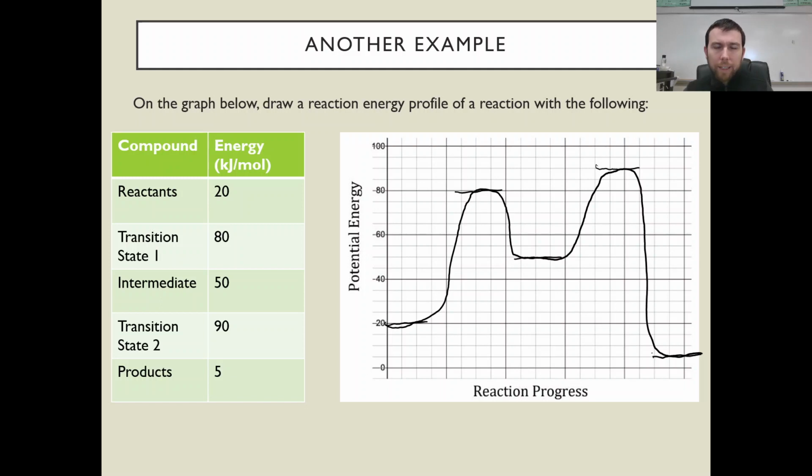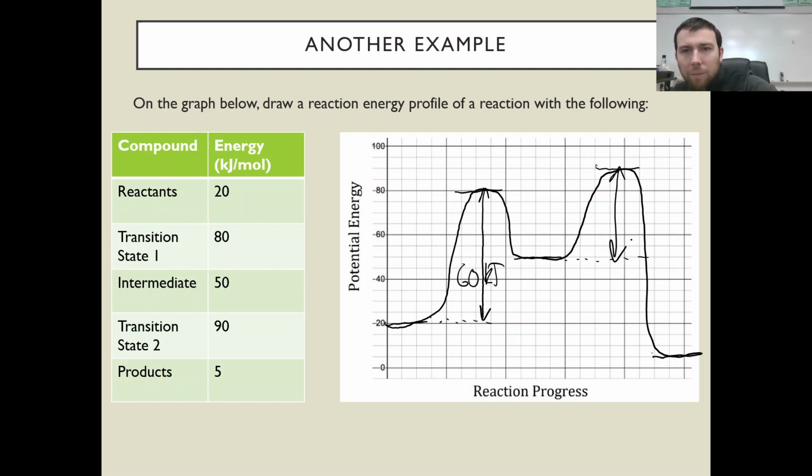Now, as you start looking at things, we can actually provide specific values. We could say that the activation energy for step 1, which would be here, should have a value of the difference between the transition state 1 and the reactant. So this is going to be 60 kilojoules per mole. For the second step, activation energy is going to go from here to here.